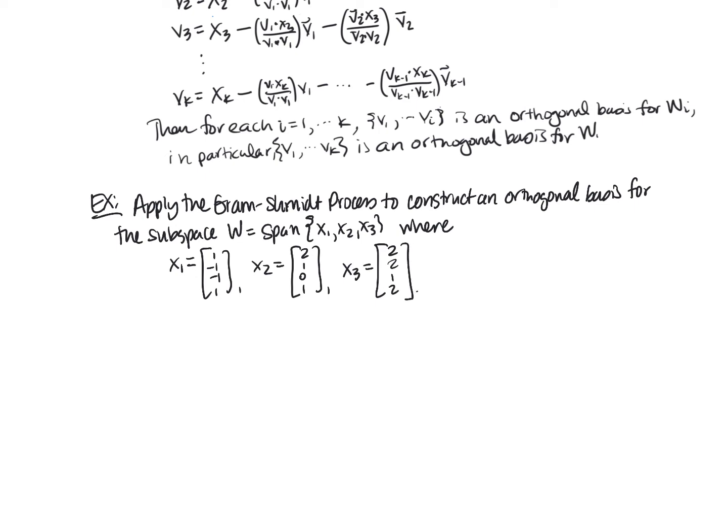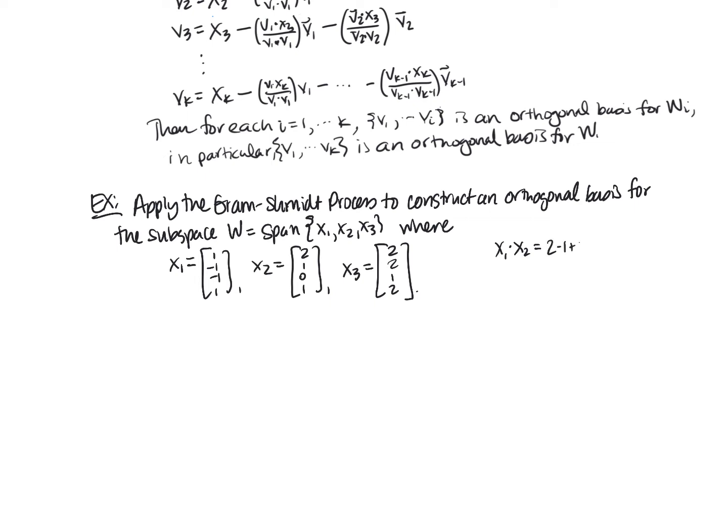Okay. And so I'm assuming, since they're asking us to use the Gram-Schmidt process, that these guys are not orthogonal to one another. I'm just going to check real quick so that you can see that these guys are not actually orthogonal. So if I do x1 dot x2, what am I going to get? I'm going to get 2 minus 1 plus 0 plus 1.